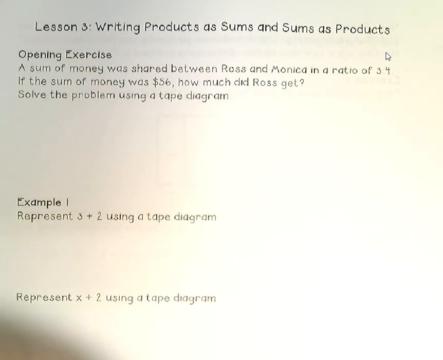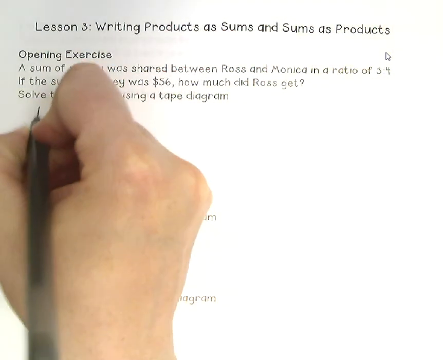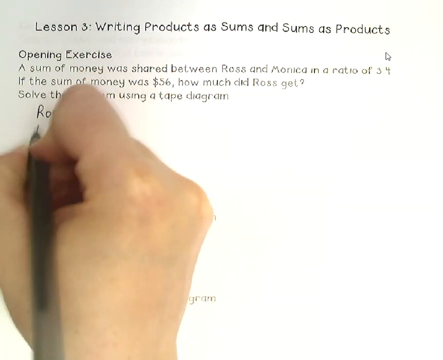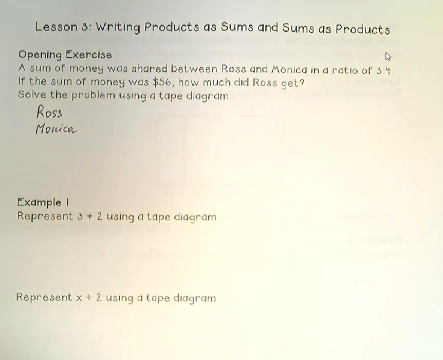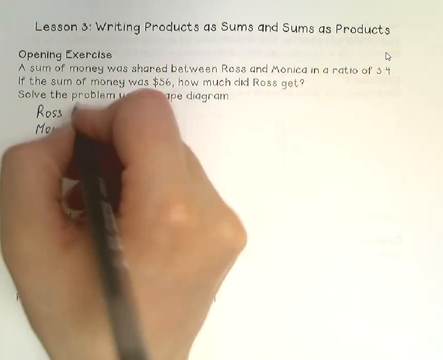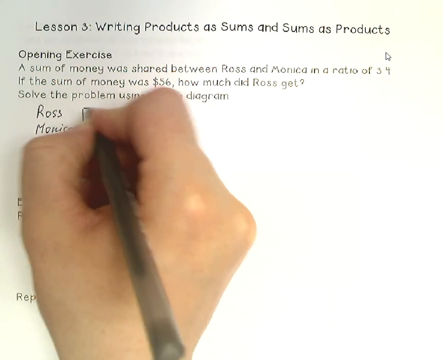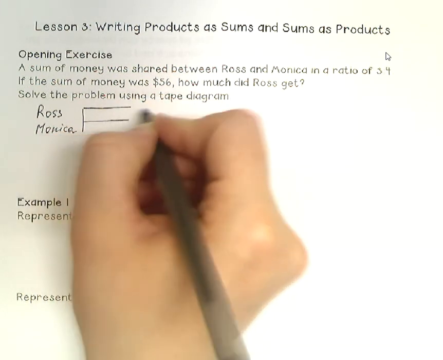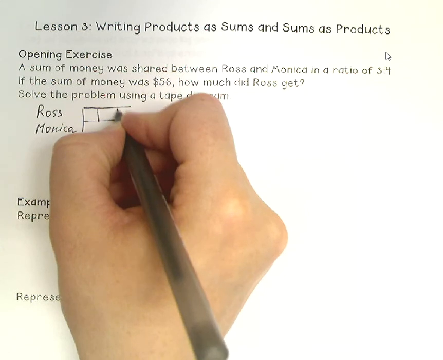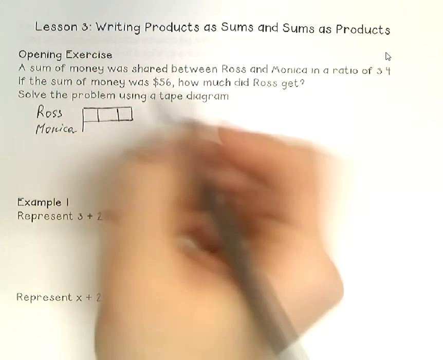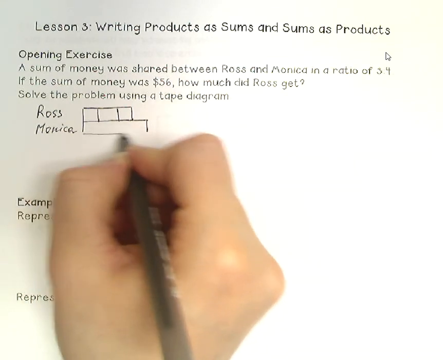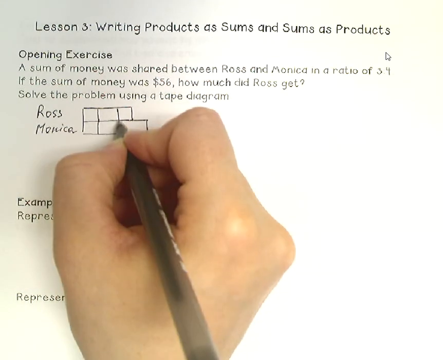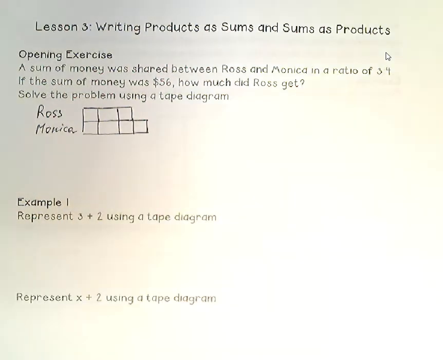So here we have Ross and Monica, and the ratio between them is 3 to 4, so Ross gets 3 and Monica shares 4. 1, 2, 3, 4. They should be an equal size. Mine are not that equal.